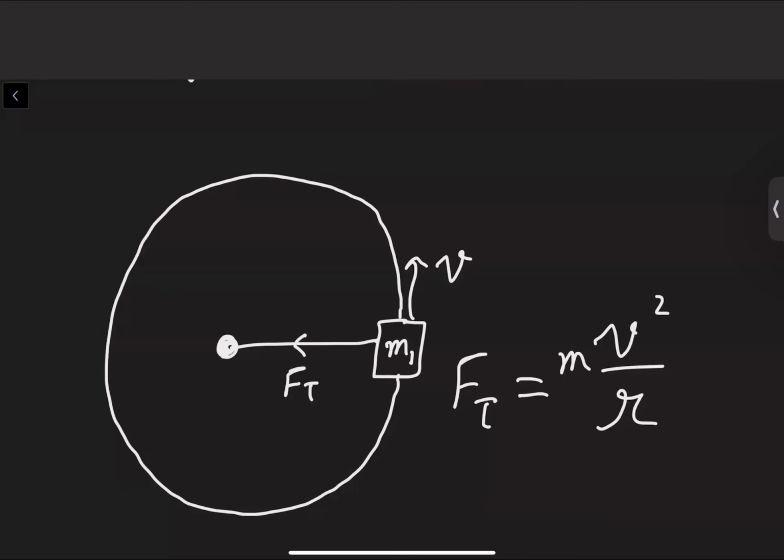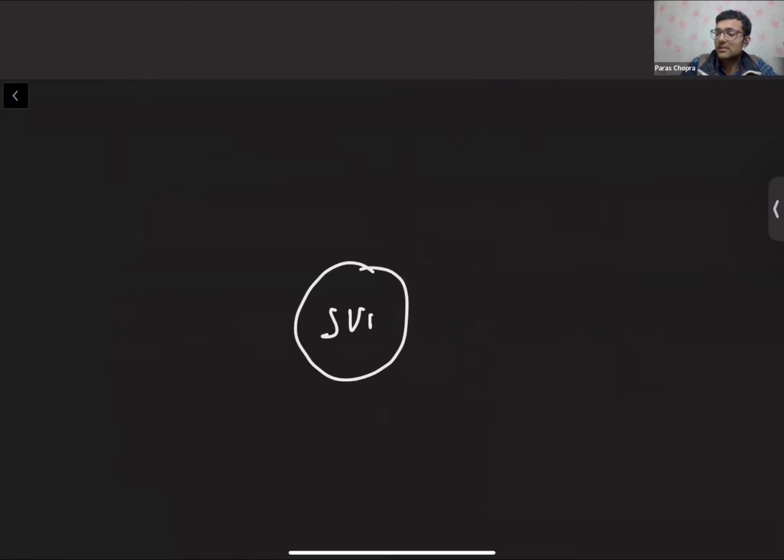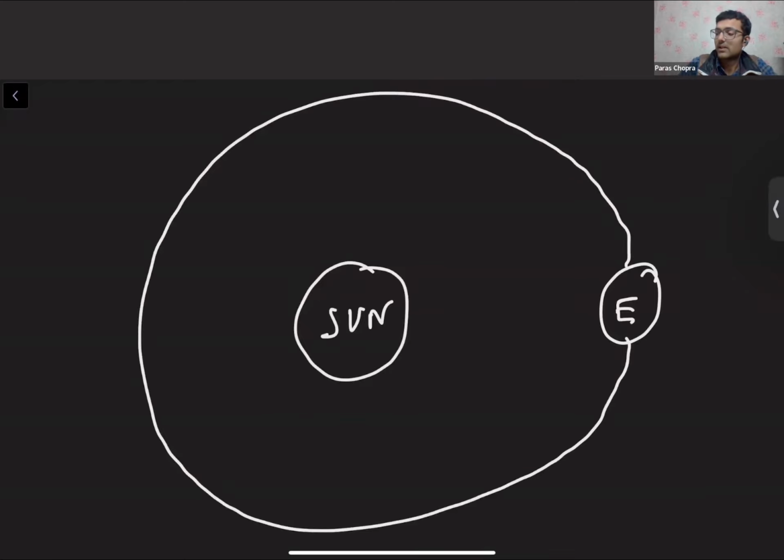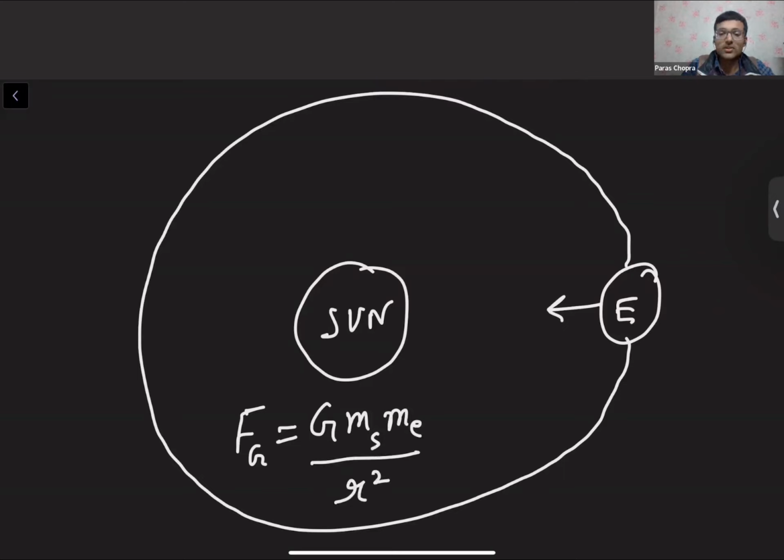Then in the sun and the earth system, suppose the earth is going in a circular path around the sun. What is the force of gravity exerted by the sun? G, mass of sun, mass of earth upon r square. And this is also the centripetal force.